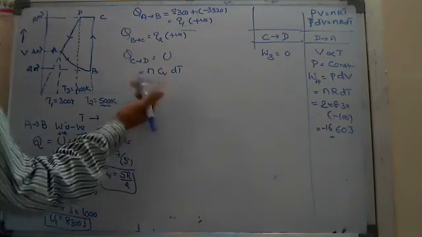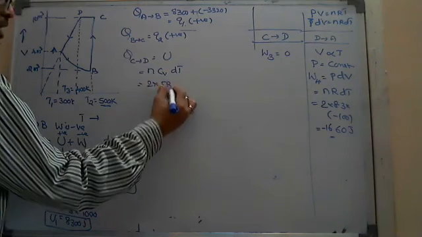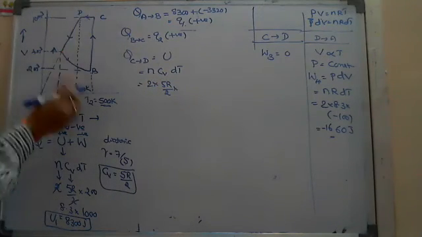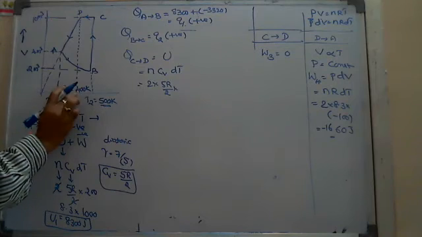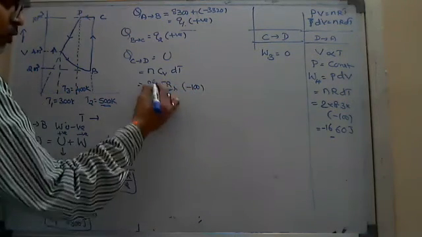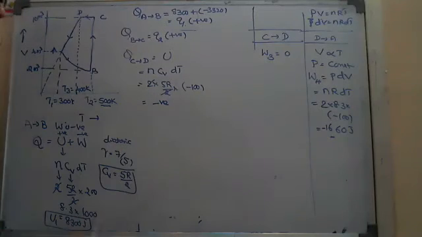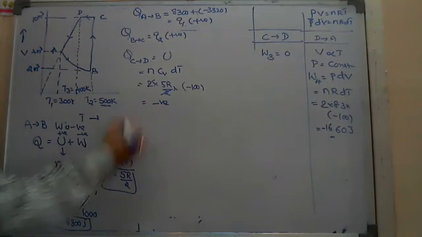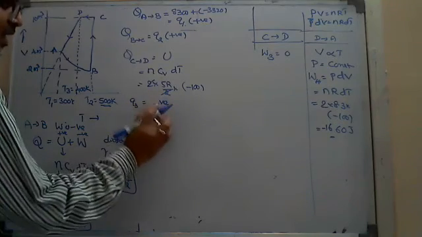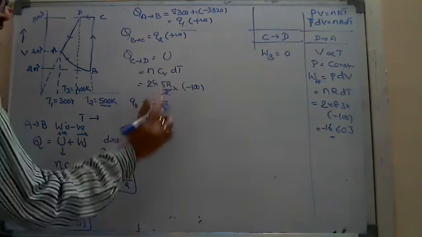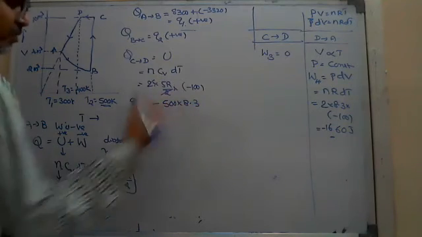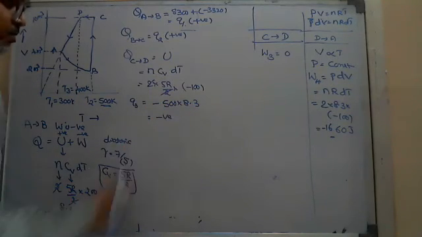Even if you substitute 5R by 2 into dt, look at C to D, temperature decreases. Decrease in temperature is 100, that is minus 100. So altogether you are getting some negative value now. Negative value means I take it as Q3, which is minus 500 into 8.3. It is negative.